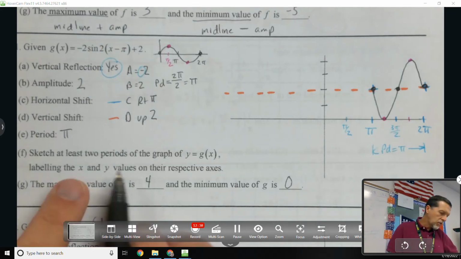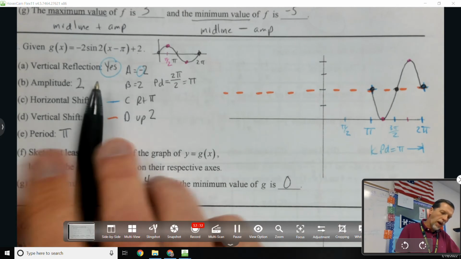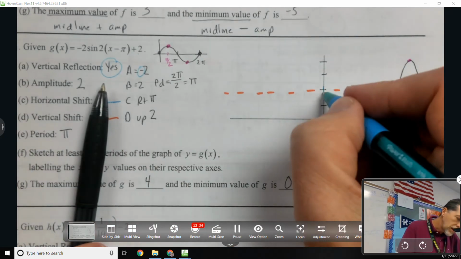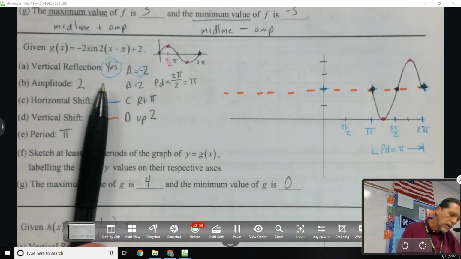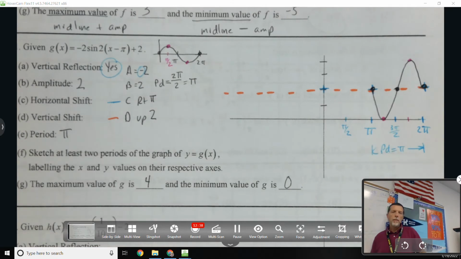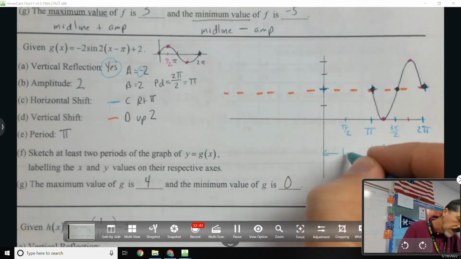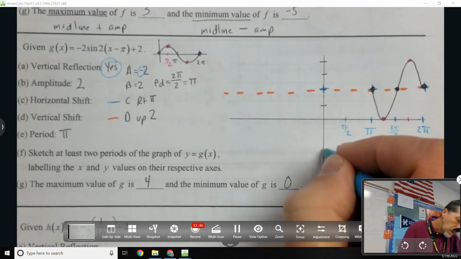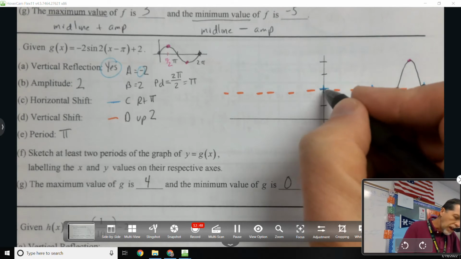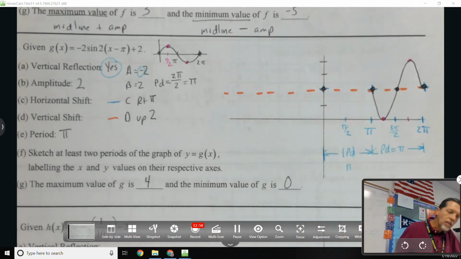It does say sketch at least 2 periods, so I'm going to back that up from pi back to 0, because that's 1 pi as well, from 0 to pi. It's 1 period. And it begins and ends at the midline.